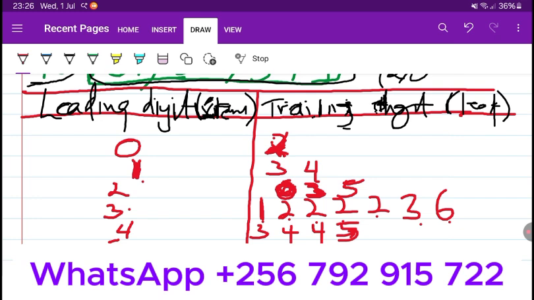Then lastly, for the 5 as the leading digit, we had 51, 52, and 57 as the individual observations. So this is 5, 1, the 2, and then the 7. And of course, that's how we present the stem and the leaf.